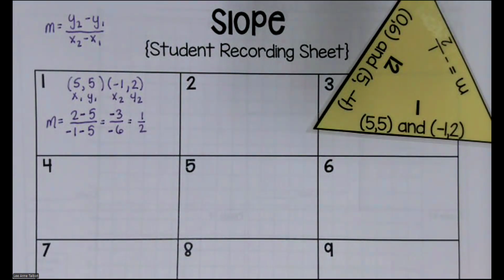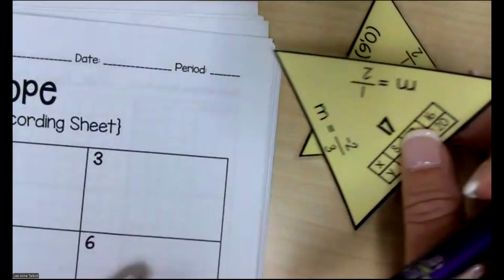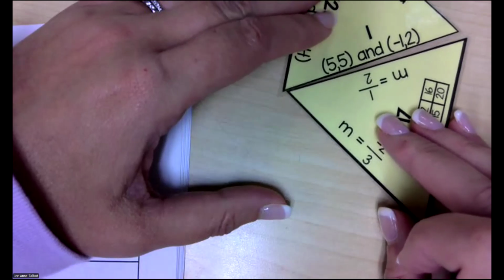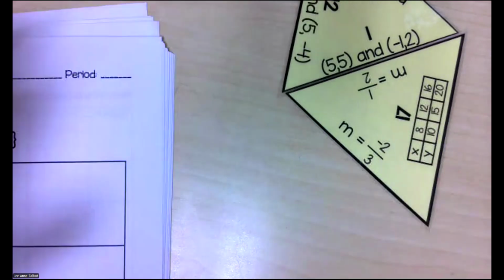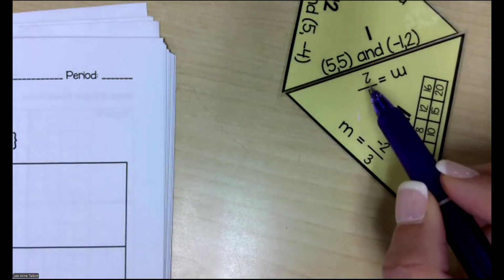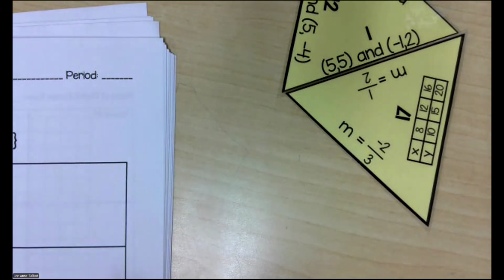Now search through your puzzle pieces to find the one that says m equals 1/2. And you're going to put m equals 1/2 up next to problem 1. So you're going to match up the sides of the triangles like that. So the problem is here and the answer is here. Are you with me so far?